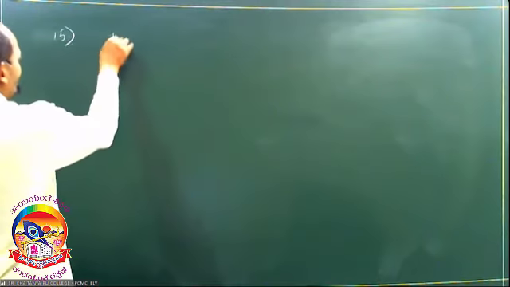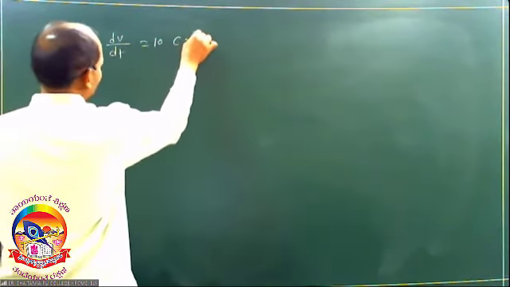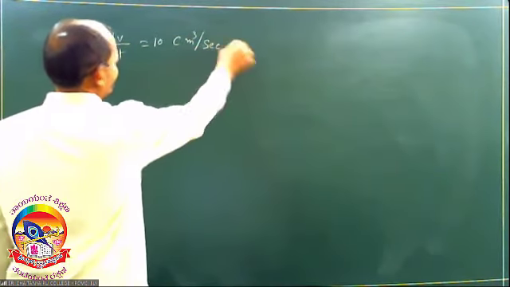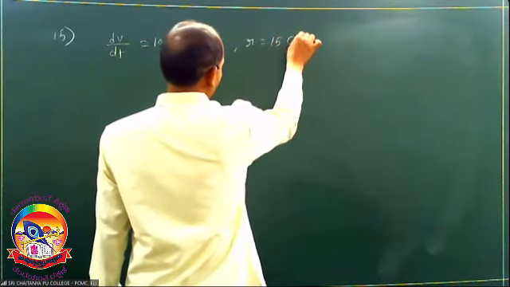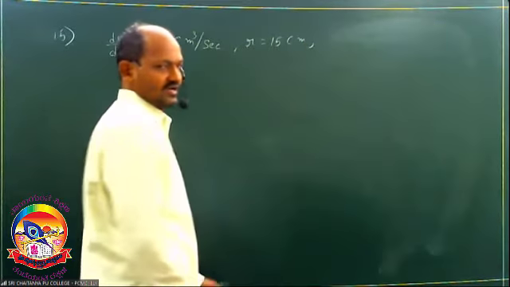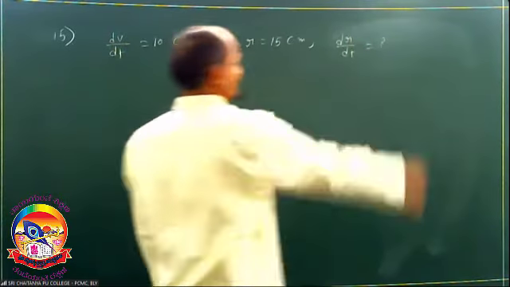Here the rate of change of volume is given as 10 cubic centimeters of gas per second and the radius is given as 15 centimeters, then find the rate of change of radius.